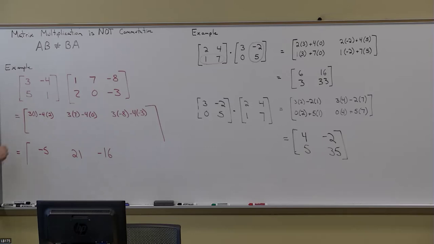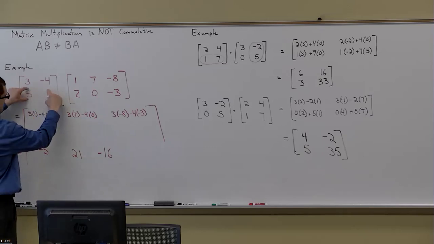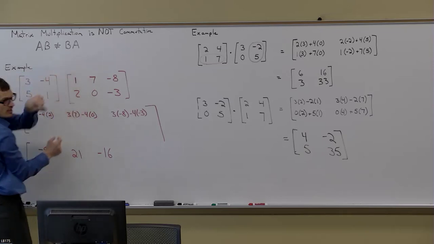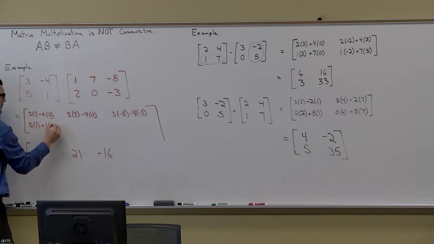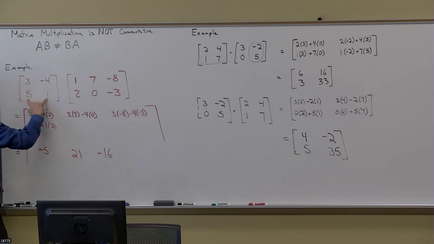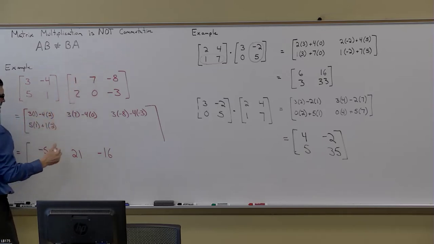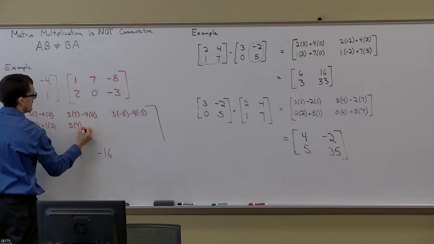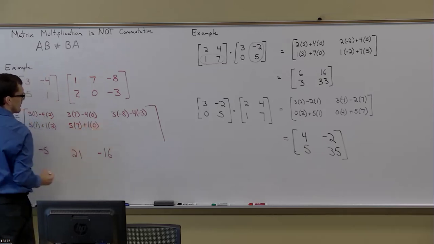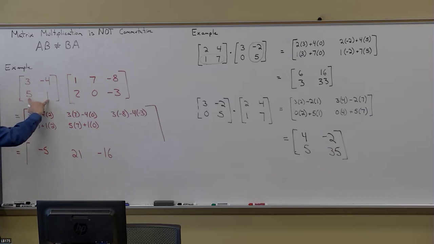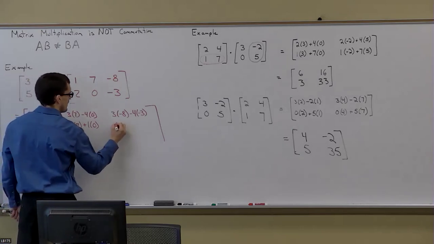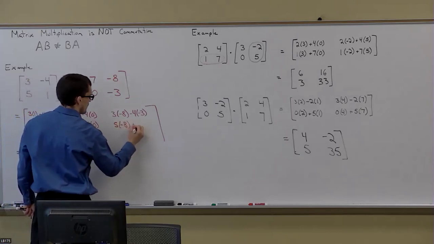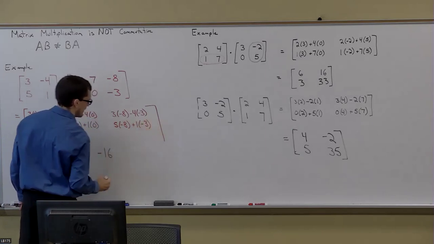And then I do the same thing with the 5, 1. I think of it as grabbing it and then turning it vertical and multiplying. So 5 times 1, 1 times 2. Then 5, 1, grab it, turn it vertical, multiply it by 7, 0: 5 times 7 plus 1 times 0. And I take the 5, 1, turn it vertical, multiply it by -8, -3: 5 times -8 plus 1 times -3.